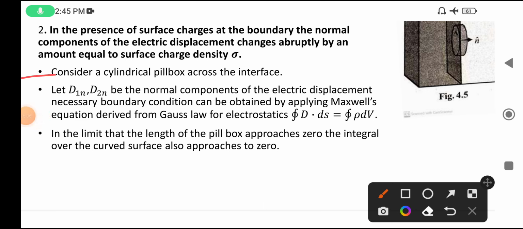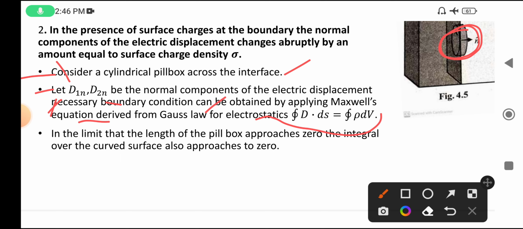Consider a cylindrical pill box across the surface. Here it is, a cylindrical pill box. Let D1n and D2n be the normal components of electric displacement. Necessary boundary conditions can be obtained by applying Maxwell's equations derived from the Gauss law for electrostatics.